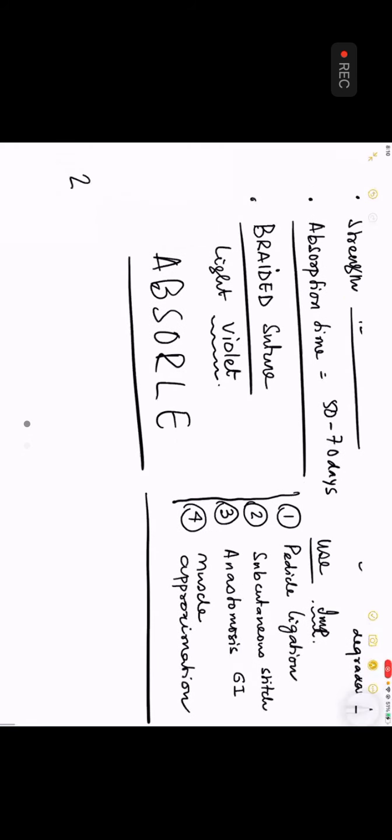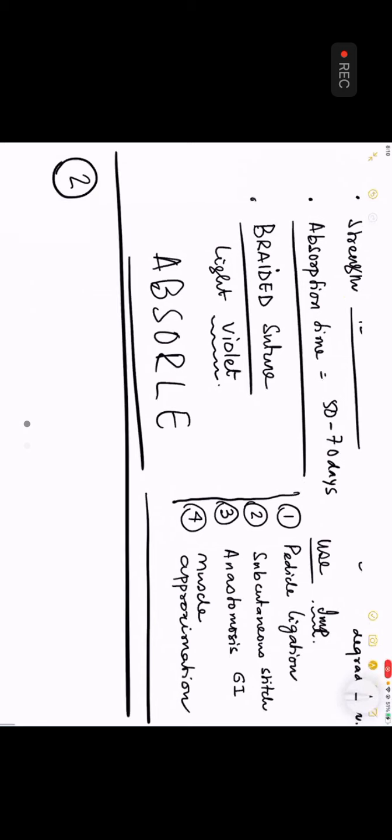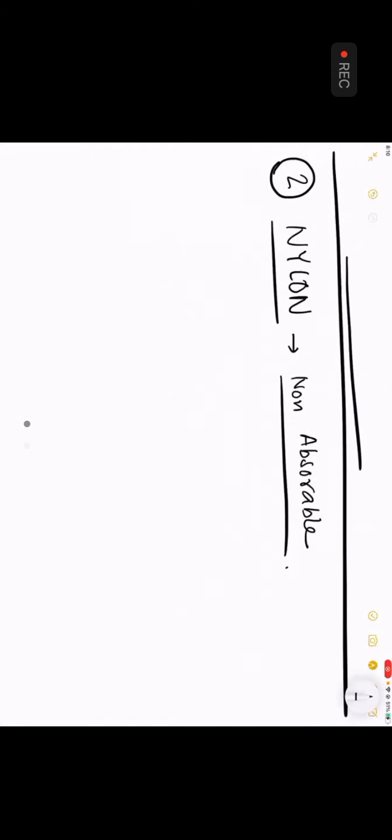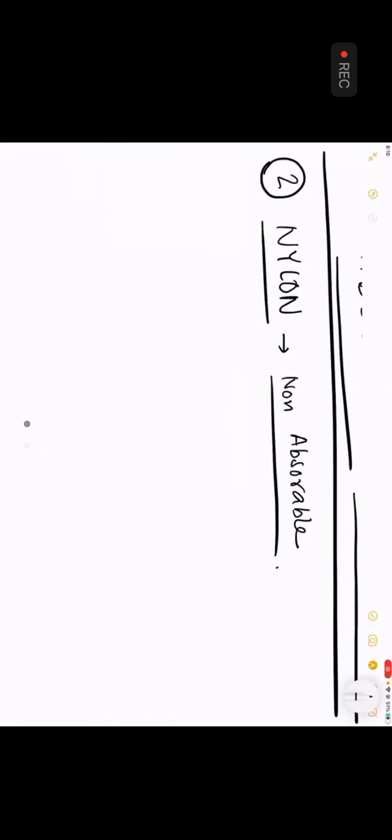The next of the sutures to talk about is nylon suture, which is non-absorbable. You are not able to digest nylon by the human body. What is important in this non-absorbable nylon suture story is only one.